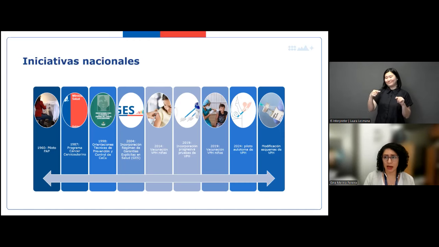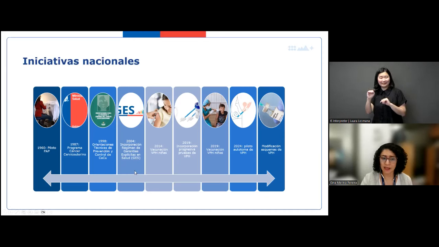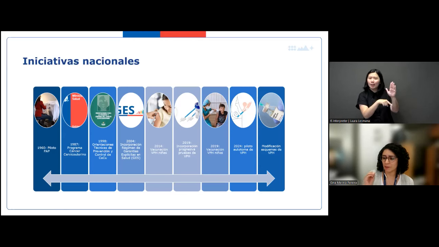Then we developed the program and, throughout the years, the guidance and technical guidance. In 2004, we created a transversal program for the different groups, and one of the first diseases we incorporated was cervical uterine cancer, in the Explicit Guarantees in Health, the GES program.